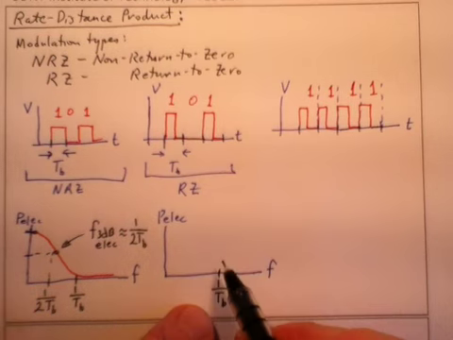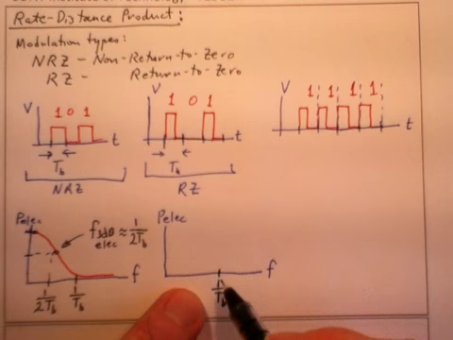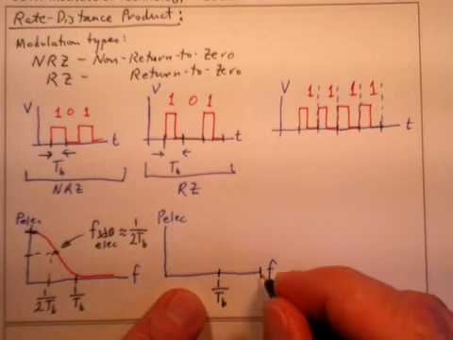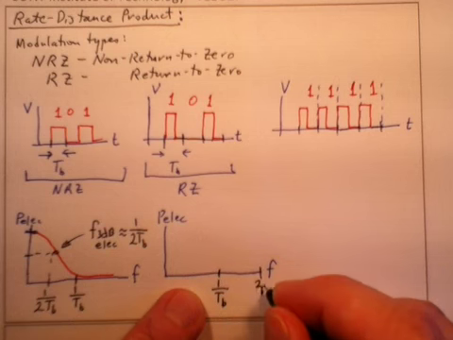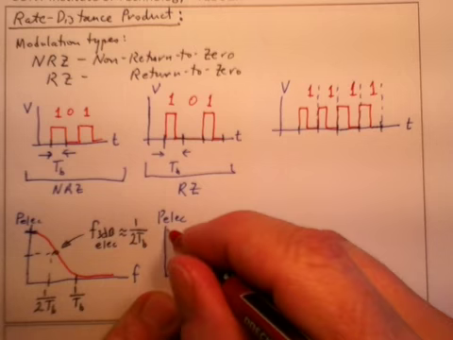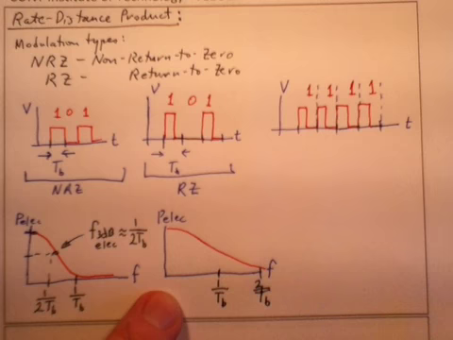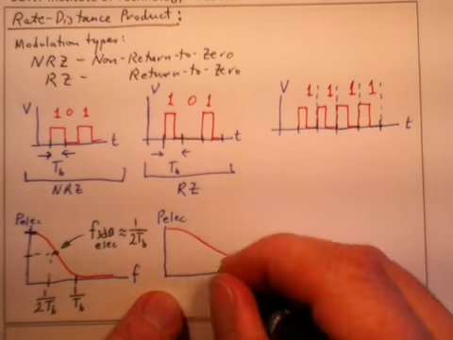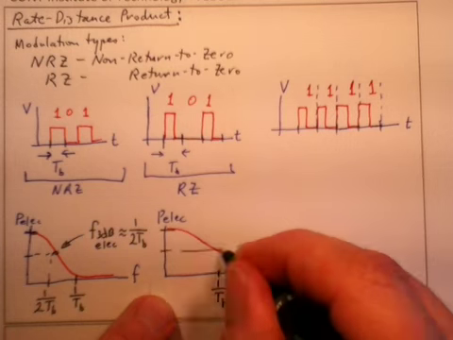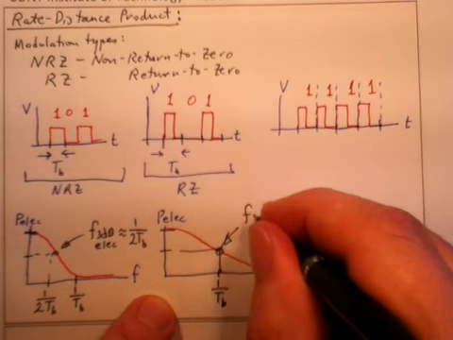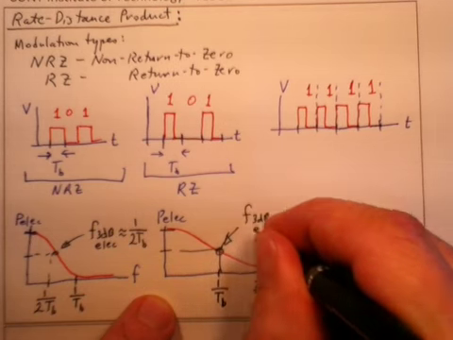The spectral plot for the RZ case, however, goes all the way out to 2 over the bit period, and so it's much wider. And it turns out that the 3 dB electrical bandwidth for this case is different.